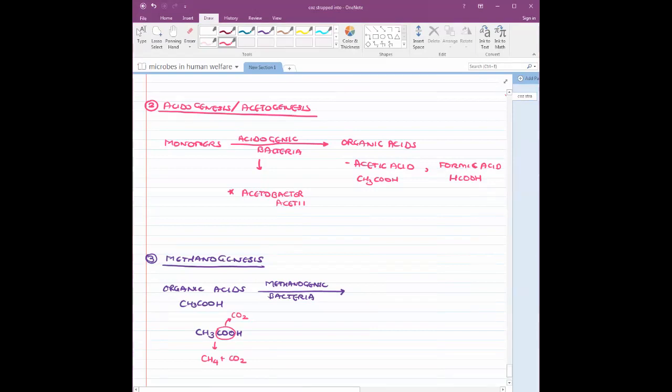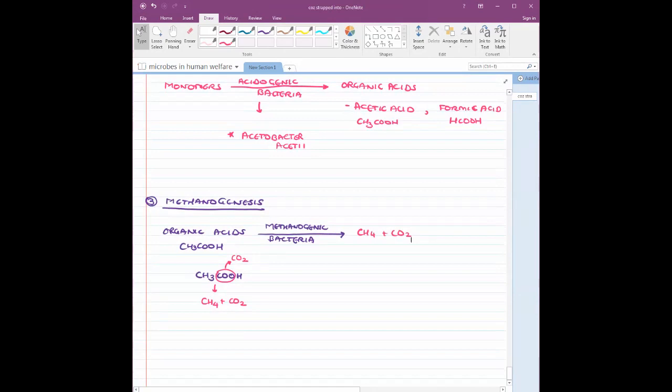Okay, but I'm going to give you something more. This is just to make you understand what exactly is going to happen. So you are going to see right over here CH4 plus your CO2. This is the easiest way to keep an idea about what is happening. But now, if we are talking about methanogenic bacteria, guys, who are we talking about?